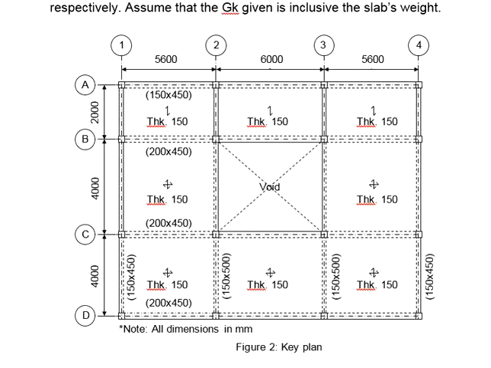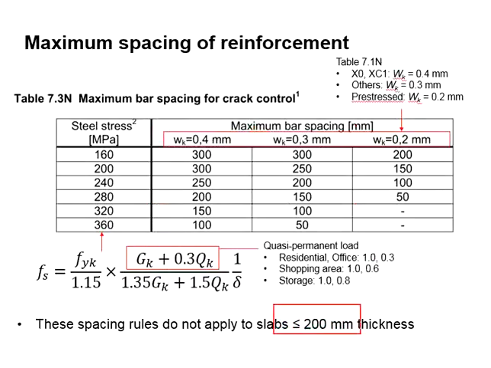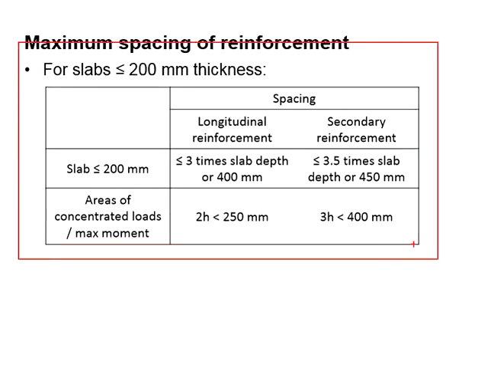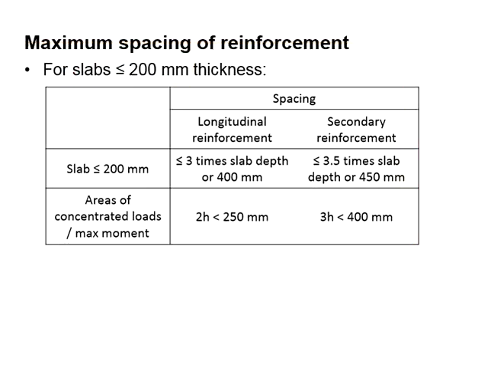In this question, the slab that you need to design has a thickness of 150 mm. It is thinner than 200 mm. With that, you're going to apply the second method specifically for the slab less than 200 mm thickness. The requirements are stated here.